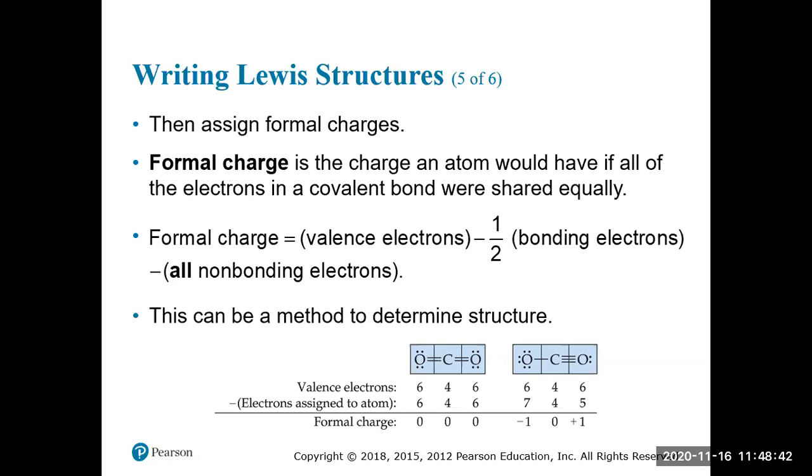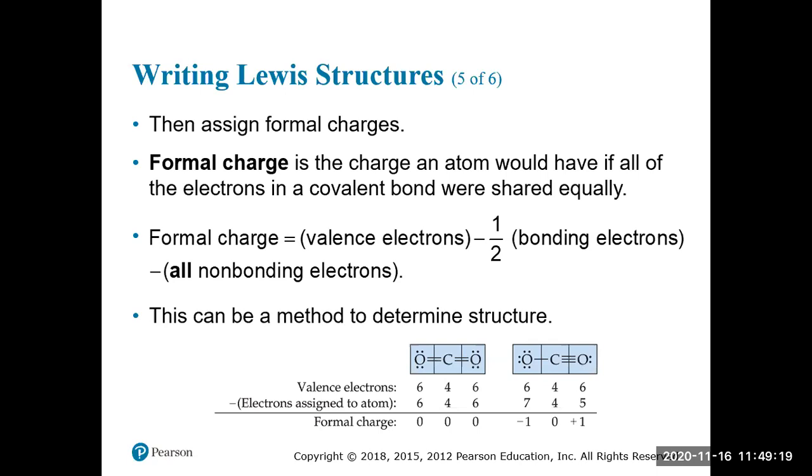Remember, we said to calculate this formal charge, we're going to have the number of valence electrons, which we just did, minus half the bonding electrons and minus all the non-bonding electrons. So now the way this is written on the first one, with the 2 oxygens double bonded to the carbon, if we look at the electrons around that atom, we have 4 bonding electrons, 2 for each bond.